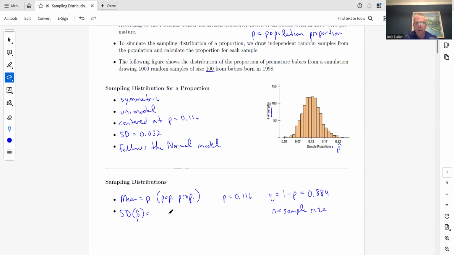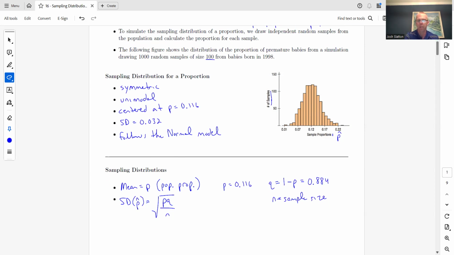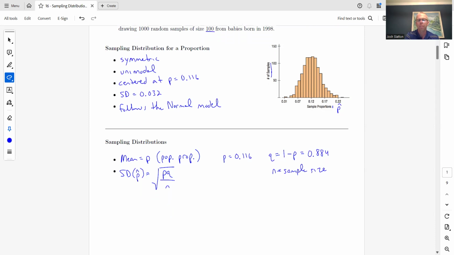The formula for the standard deviation of p hat is a formula you're going to need to know, but you should use it enough that you're not going to have to work too hard to memorize it, because you're going to use it in many problems. It's the square root of p times q over n. We just plug those in: p is 0.116, q is 0.884, and n is 100.